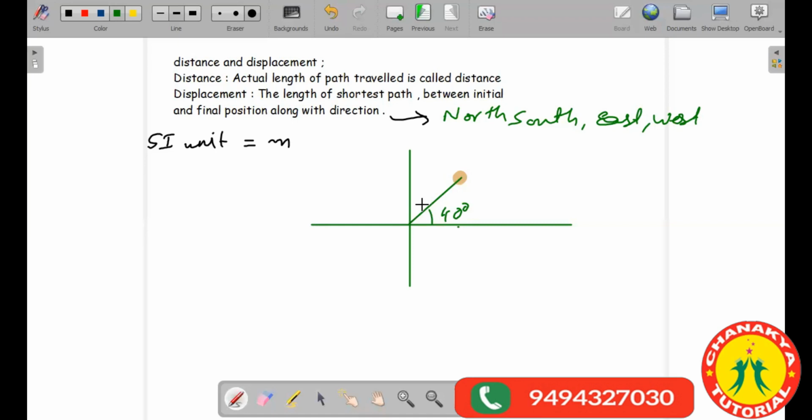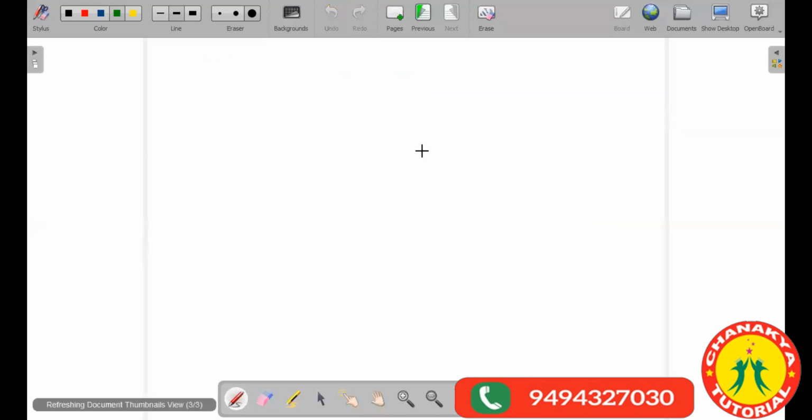Right. So let us try to do a few questions based on distance and displacement. Then if time remains, we will try to do questions from speed and velocity also.